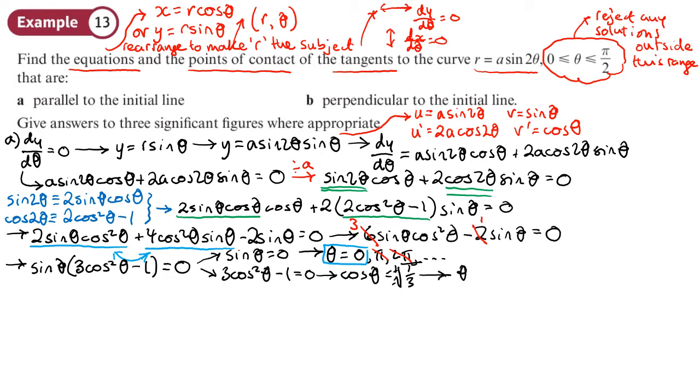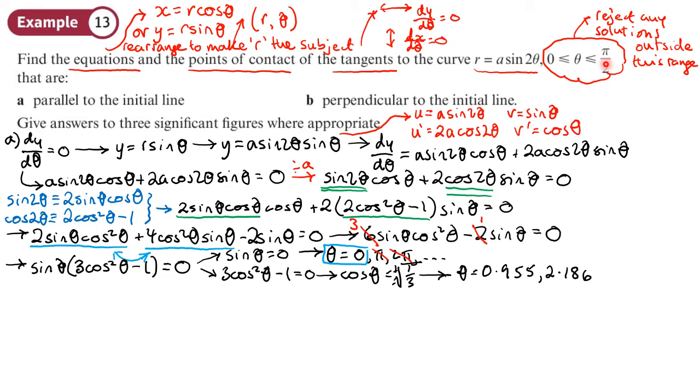So doing a cos inverse of plus root a third and minus root a third, we get 0.955 to three significant figures with plus root a third, and minus root a third would give you 2.186, that's 3 decimal places.